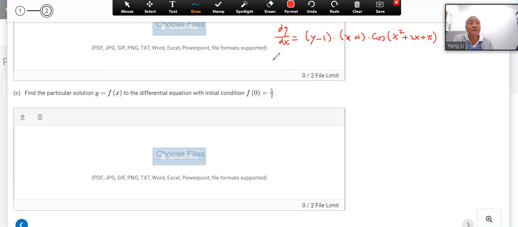The usual method we have is separation, right? So I'm going to divide this part on both sides. I will get dy over y minus 1, okay? And multiply both sides by dx, so dx on this side now.